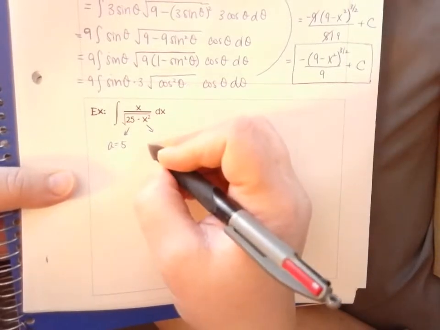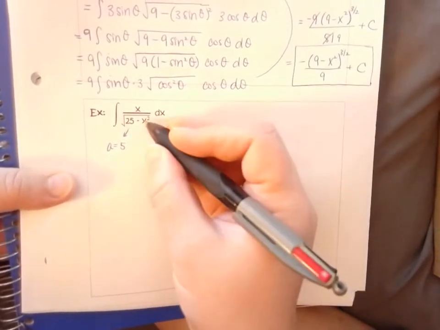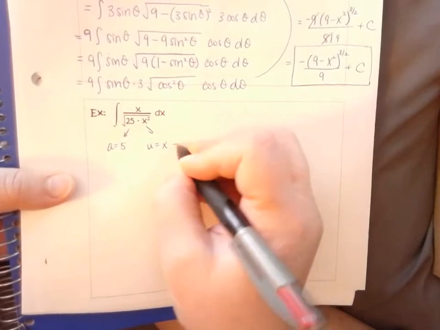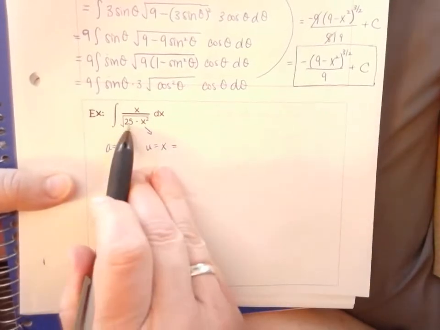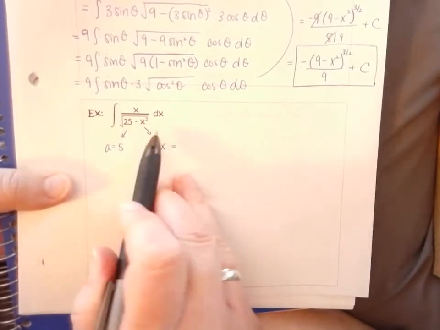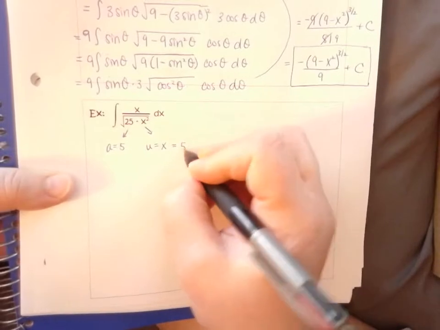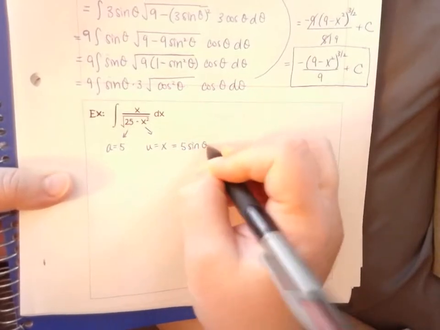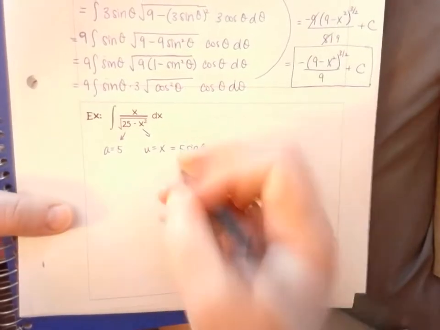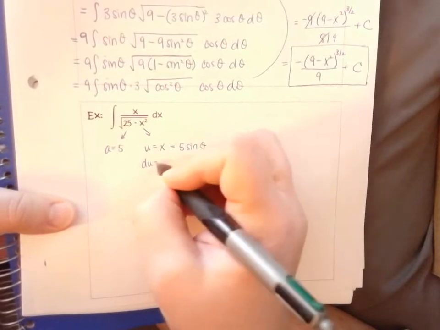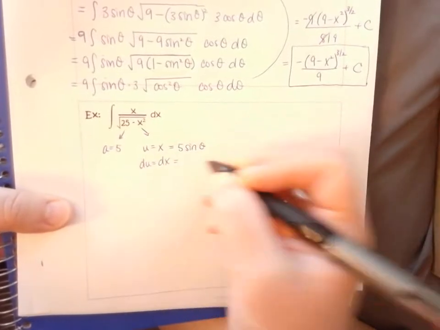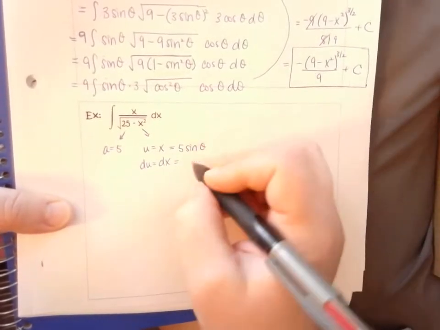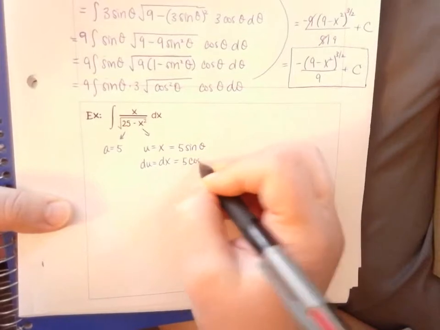I know that u, if I take the square root of this part, is x. And I also know that if it's a constant that comes before the function x, then this is going to be of the form a sine theta. I also know that I need to figure out the following line with respect to the previous line here. So this is going to be 5 cosine theta.